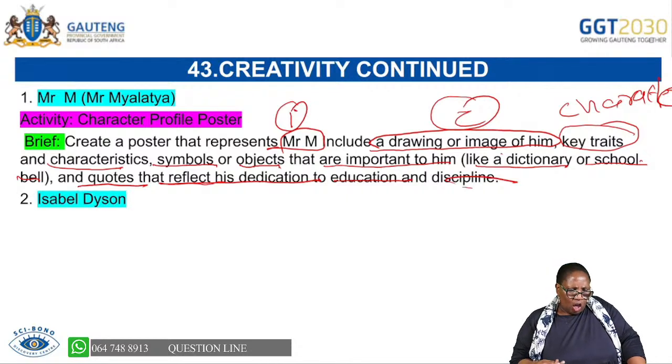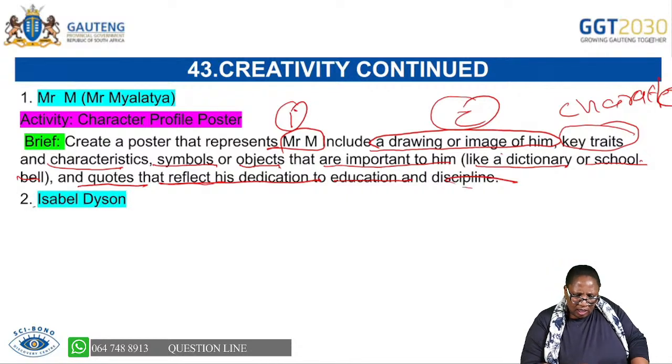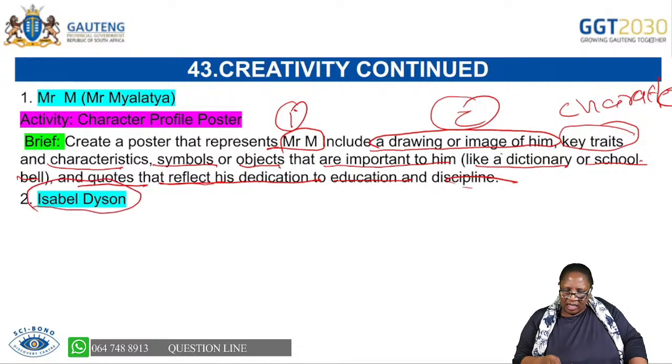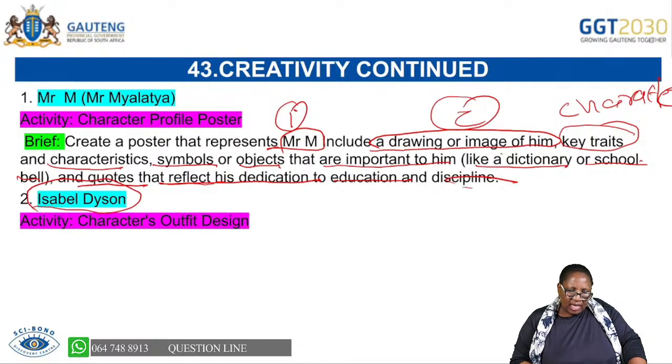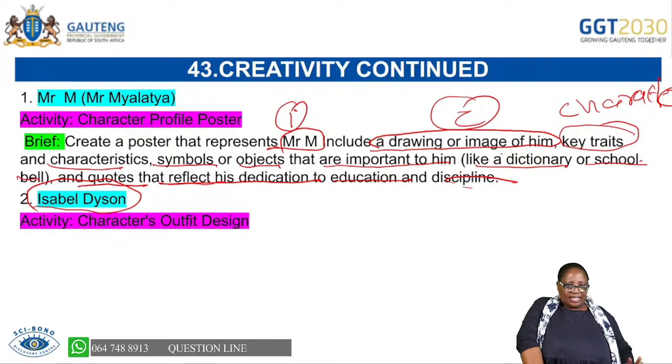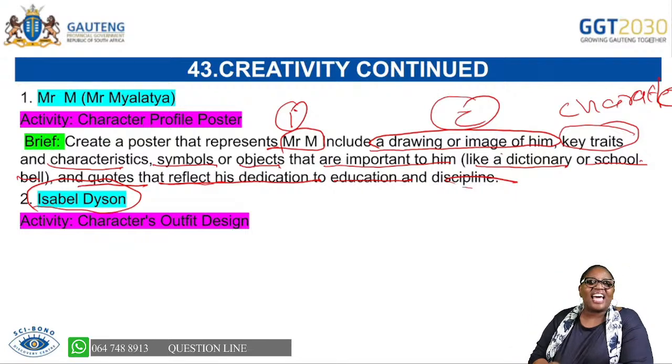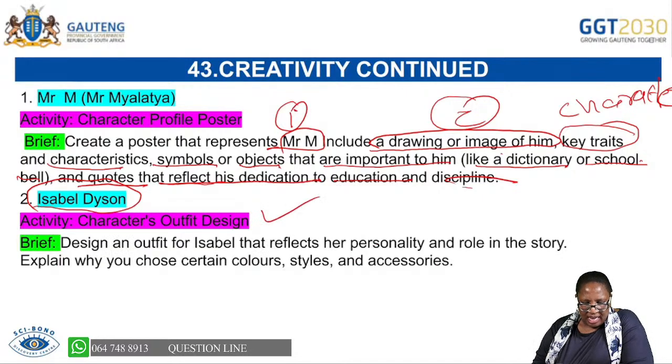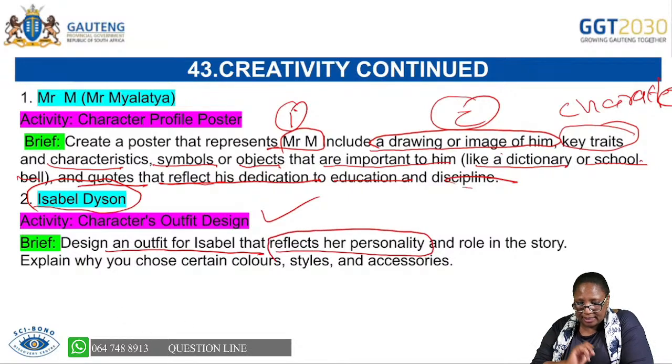Or you can choose to create a character's outfit design for Isabel. Maybe a dress. An outfit for Isabel that reflects her personality. It must show that this is Isabel's dress, and her role in the story.